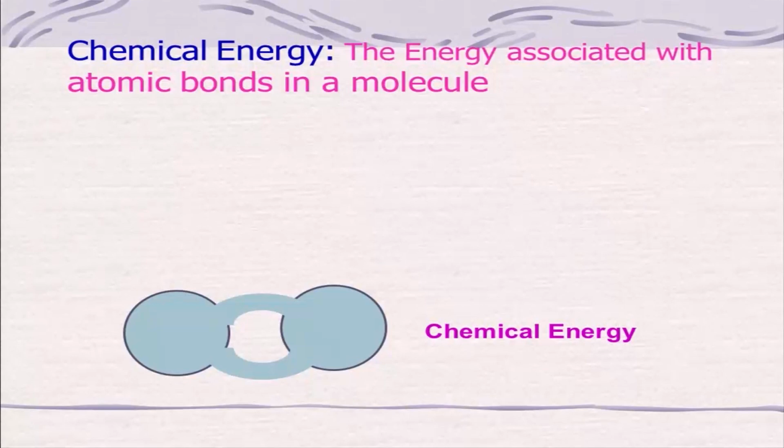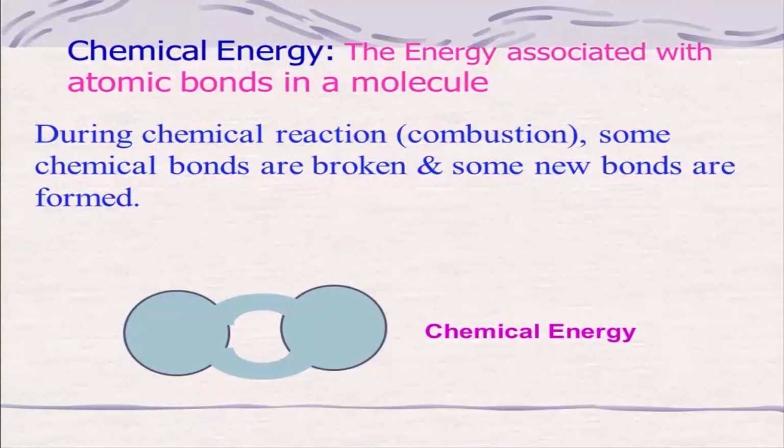But besides this, in a molecule there are atoms joined together having some bond energy, and the energy associated with the atomic bonds in a molecule we call chemical energy. During a reaction, the bonds are broken and new bonds are formed, and some chemical energy is released.